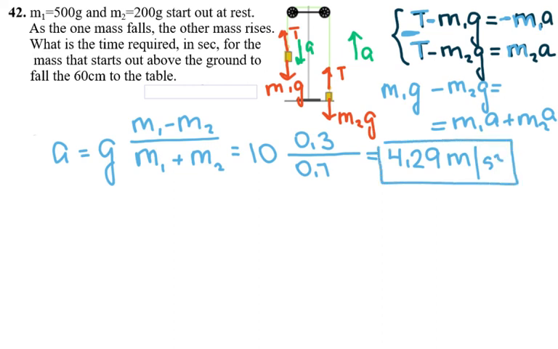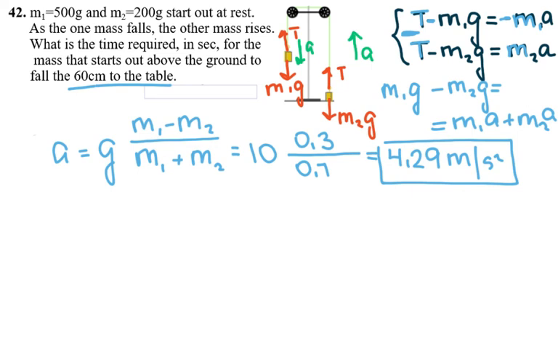And the question is, what is the time required in seconds for the mass that starts out above the ground to fall 60 centimeters? So my acceleration is given, and the distance is given. I can find the final velocity.